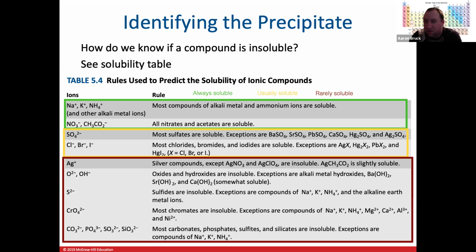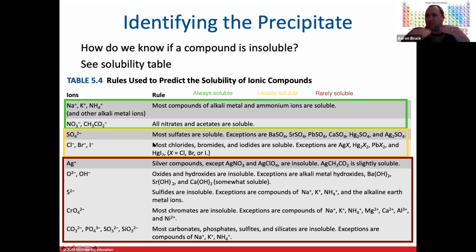Chromates, carbonates, phosphates, sulfites, silicates. These are rarely soluble. Now, there are exceptions to those as well. The exceptions primarily come from these first 2 groups.